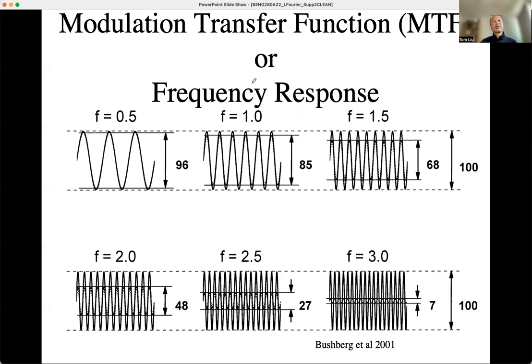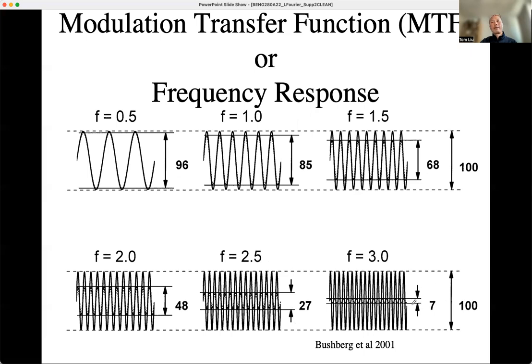So the modulation transfer response is essentially what's the response of your system to every frequency. In this case, for example, if I have a frequency of 1/2, it responds fairly well. But as I increase the frequency, notice that the response of my function, which is shown by the distance here between these two lines, is going from 100 to 68, 100 to 48, 100 to 27.